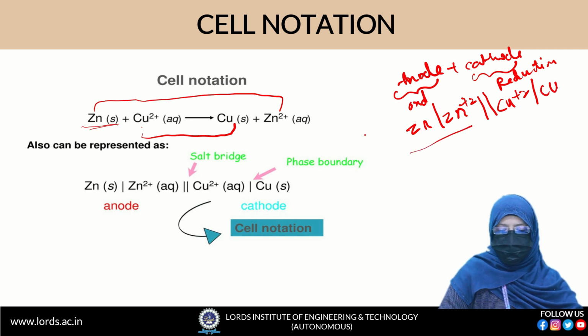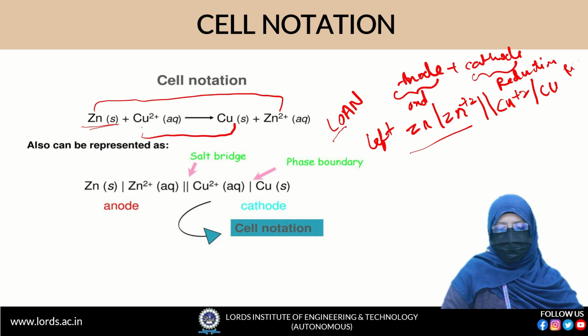And keep in mind, always the left side should be the anode and the right side should be the cathode. To remember easily, we can remember the shortcut LOAN. L is left side, O means oxidation, A means anode, and anode will have a negative sign. So you can remember that on the left side oxidation always takes place, and that is the anode, with a negative sign.